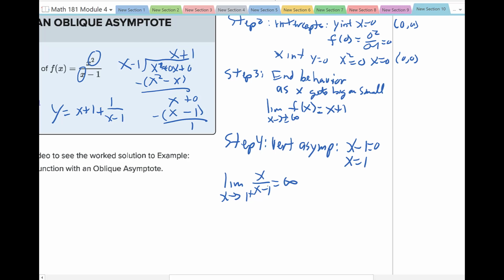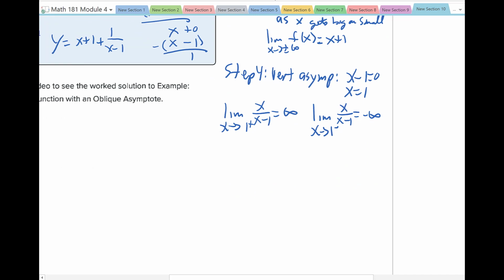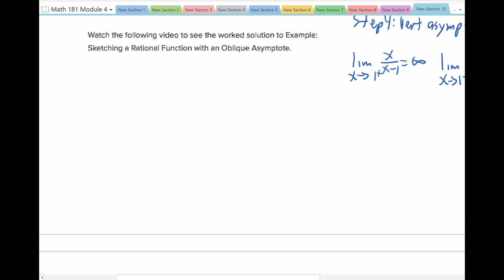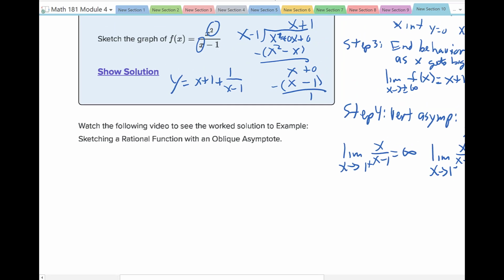If we take a look at the limit as x approaches this asymptote from the left side of x over x minus 1, we will get negative infinity. Okay, let's see, how much space do we have still here? Oh, I've got plenty of space. Oh, this is just, we can do 5 problems. I'm kidding. Step 5, we're going to look for critical numbers.